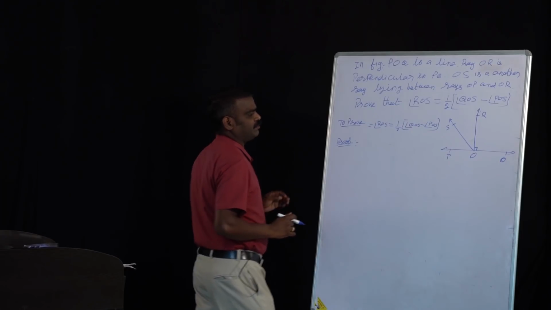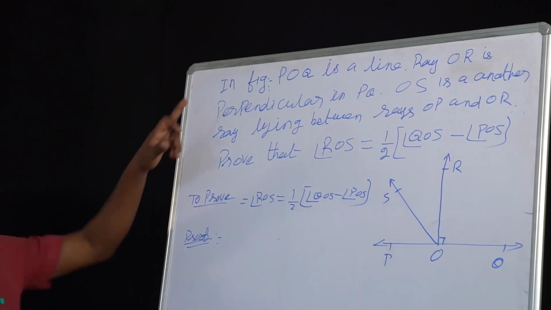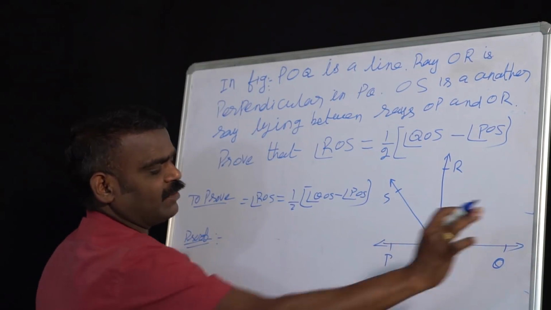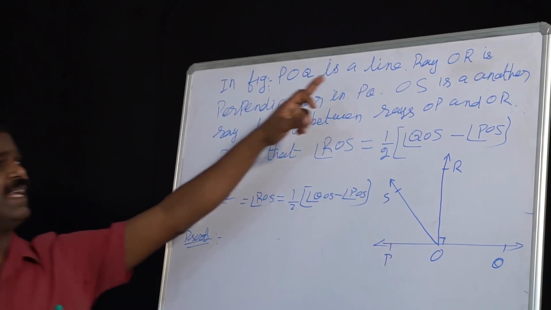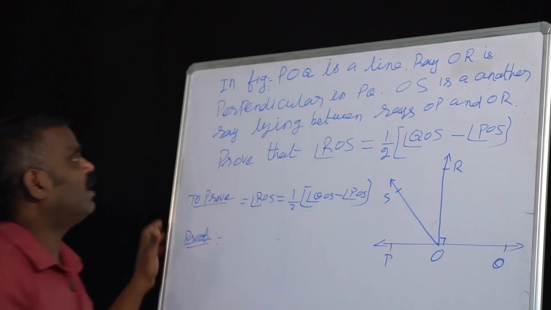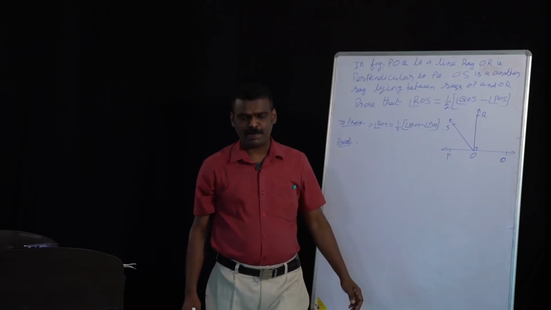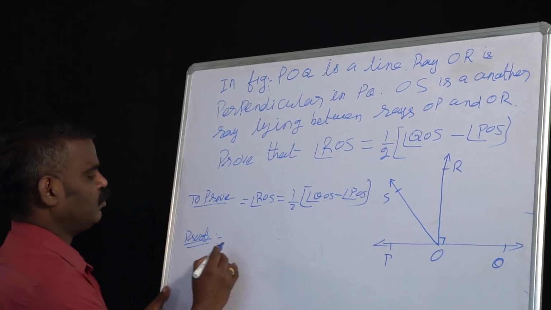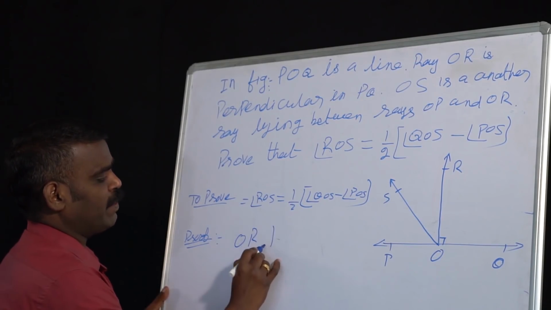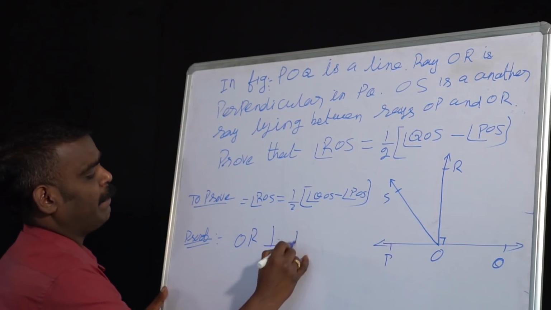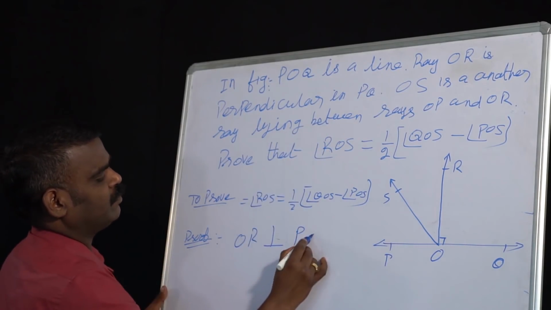Look at it, all of you. The question is given: POQ is a line. Ray OR is a ray perpendicular to PQ. Yesterday we learned, perpendicular means how many degrees? 90 degrees. The symbol means perpendicular. OR is perpendicular to PQ.